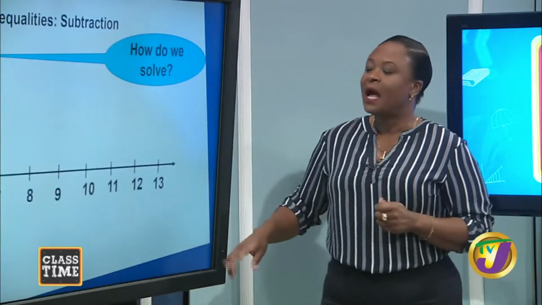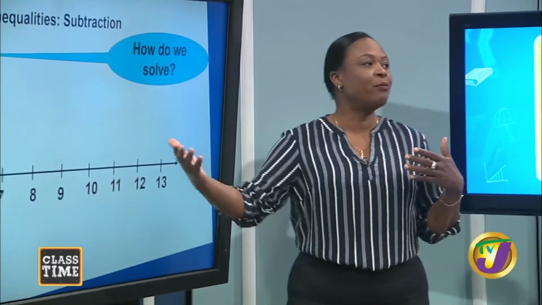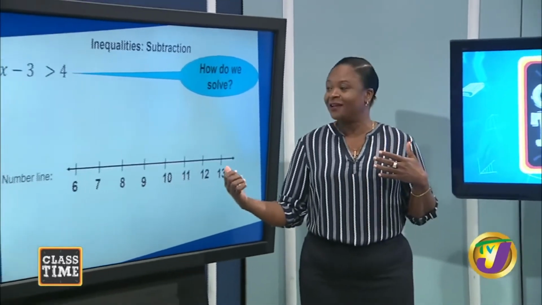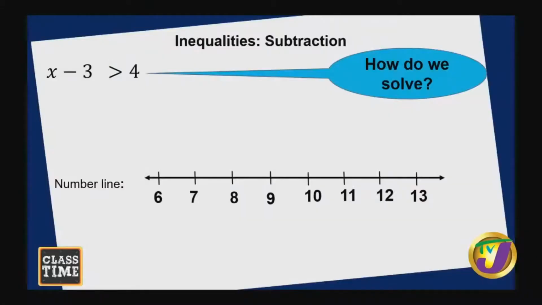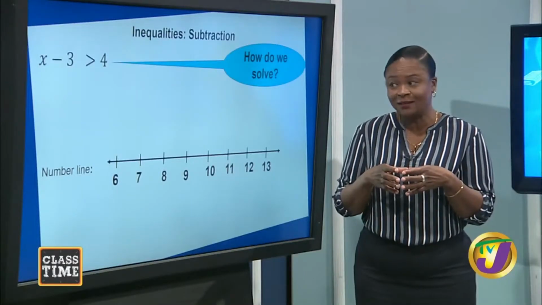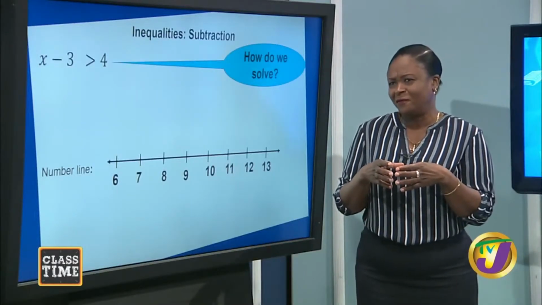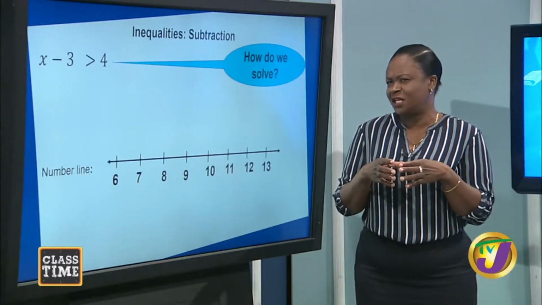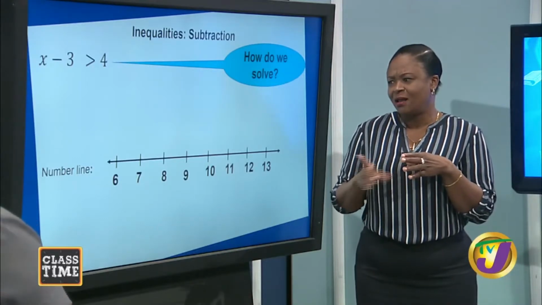Of course, how would we represent this on the number line? Here we have identified that x is greater than 7. In the first example, we used a ray with a dot, closed or shaded at the end. I wonder if we're still going to have a closed or shaded dot at the end.